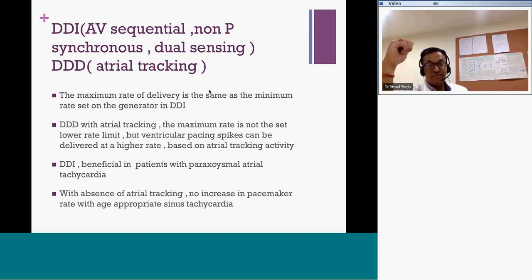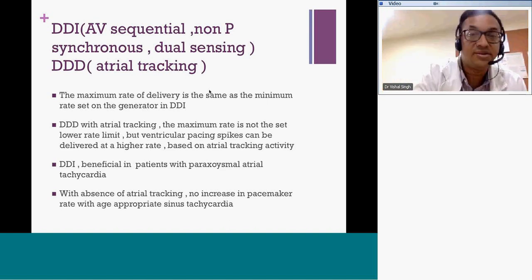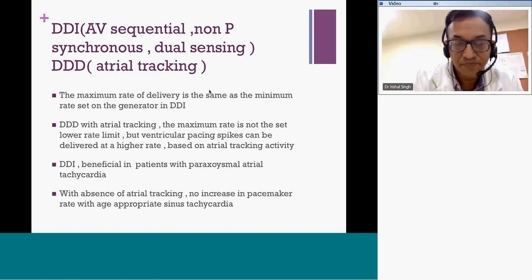In terms of atrial tracking, there is no increase in pacemaker rate with age-appropriate sinus tachycardia. So if tracking is not happening, there will be no increase in paced rates with age-appropriate sinus tachycardia, especially in the situation where you have DDI, AV sequential non-synchronous, without tracking.